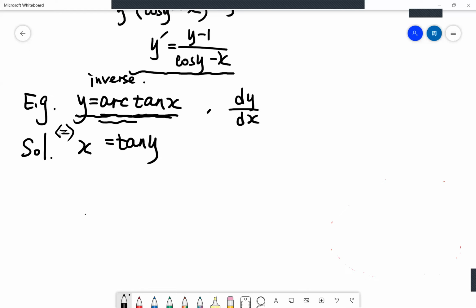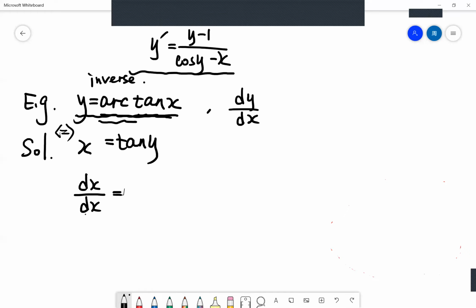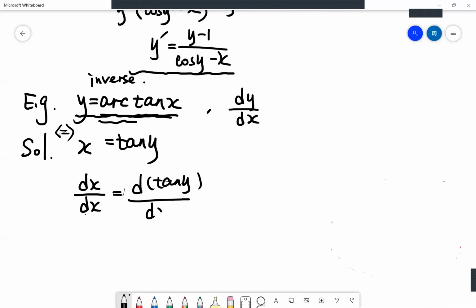Here you will see dx by dx equals d tangent y by dx.